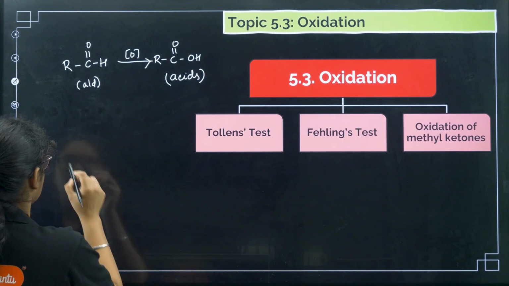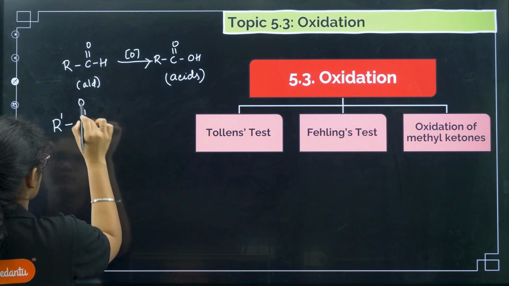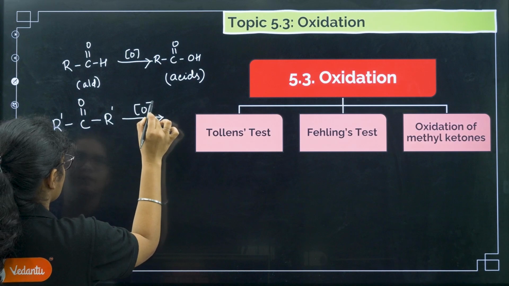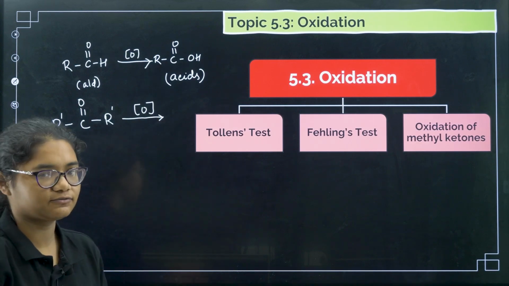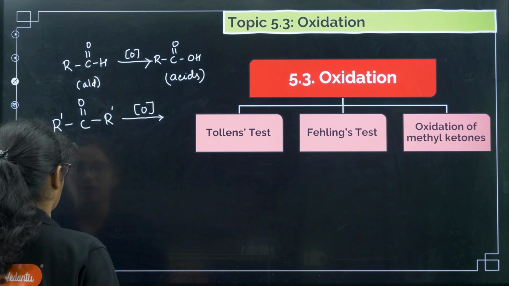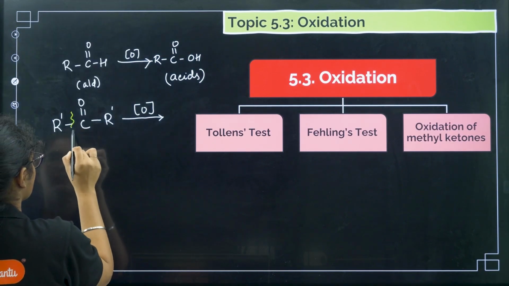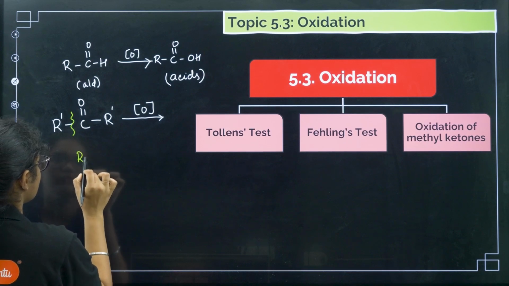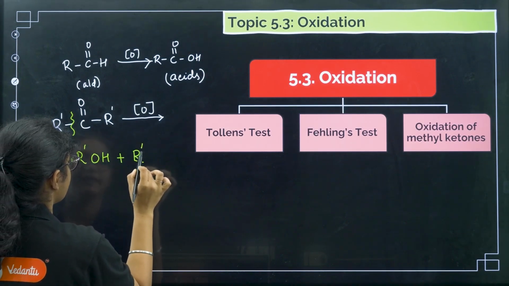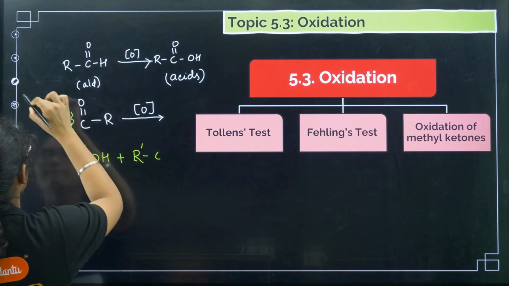Now if you have a ketone group and you do oxidation, then different products can be formed. This can break like this to give you R1-OH plus R2, I'll use R1 and R2 for more clarity.